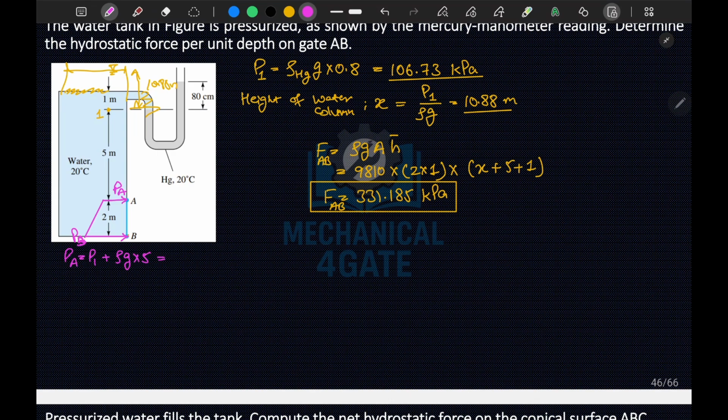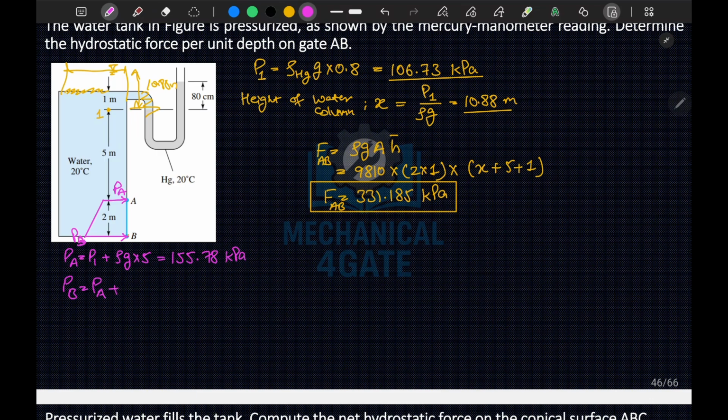Initially P1 is 106.73 plus rho g into 5, so 5 into 9.81, which is equal to 155.78 kilopascal. This is PA.